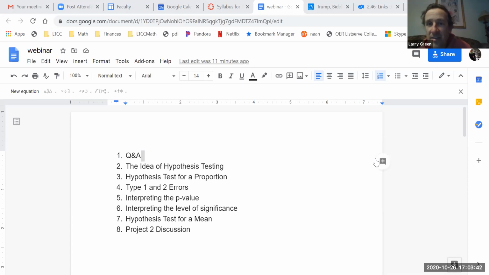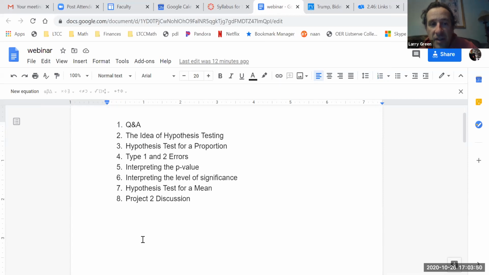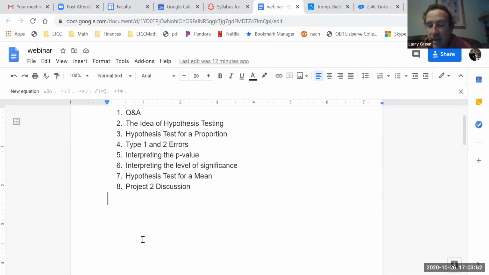Okay, if there's no questions, let me talk about hypothesis testing and kind of compare hypothesis testing to confidence intervals, because we've been spending last week on confidence intervals, and now we're going to move on. The idea of a confidence interval is that you conduct a survey or collect data, and you don't know the population.